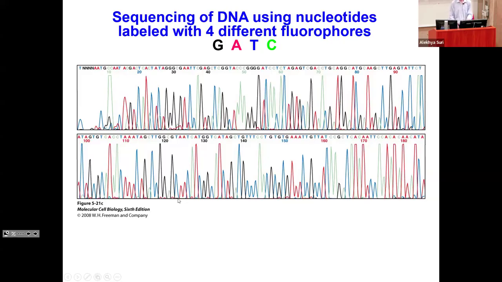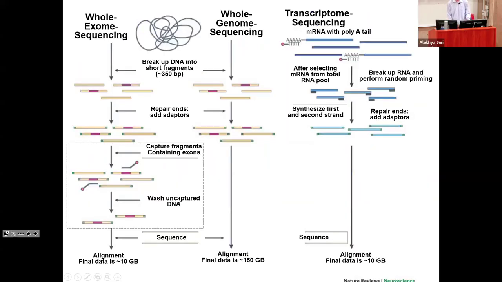This is standard. This was sequencing one DNA fragment. You can do this for about maybe 500 or 600 nucleotides, which would already be very long. There are now methods available, I don't know, maybe for 10 years or so, called whole genome sequencing.